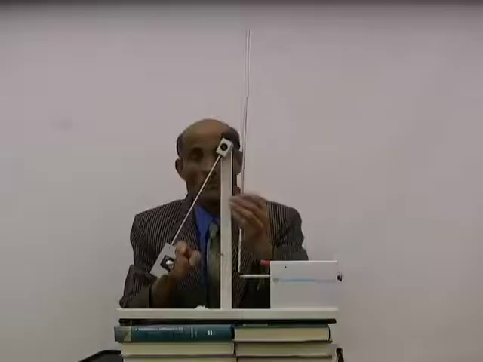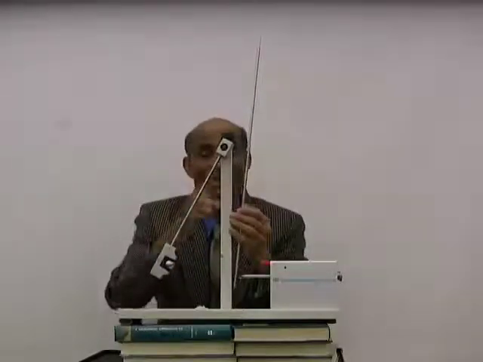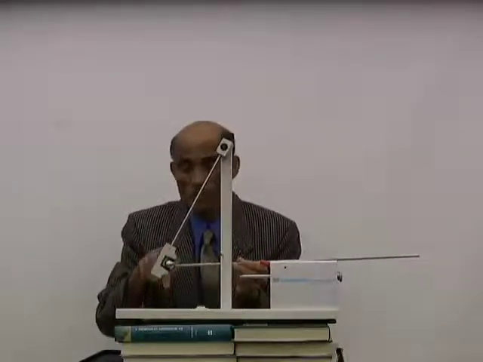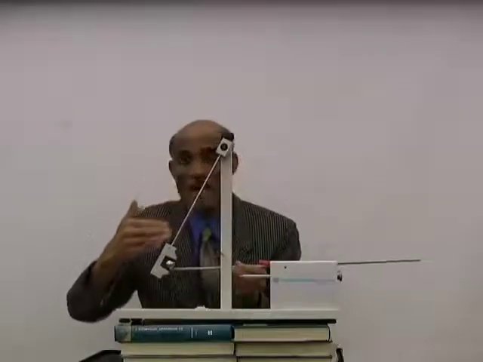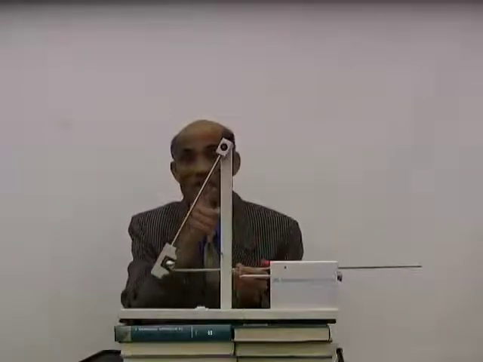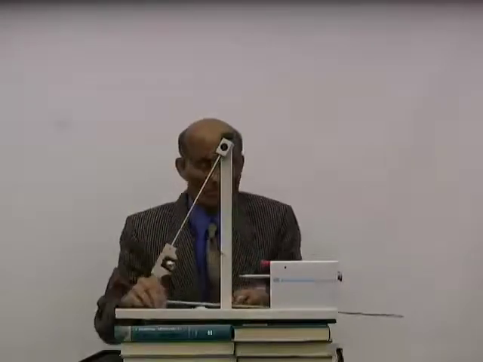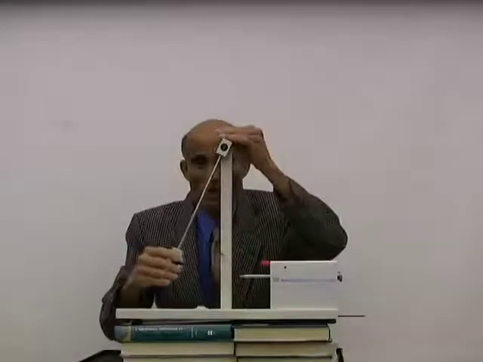In other words, if you consider a vertical axis there, the perpendicular distance between the direction of the force and that vertical is now the torque arm. If this distance is r, this will now be r sine theta, where theta is this angle. Now that means as the object comes closer and closer, what is happening to the torque arm?